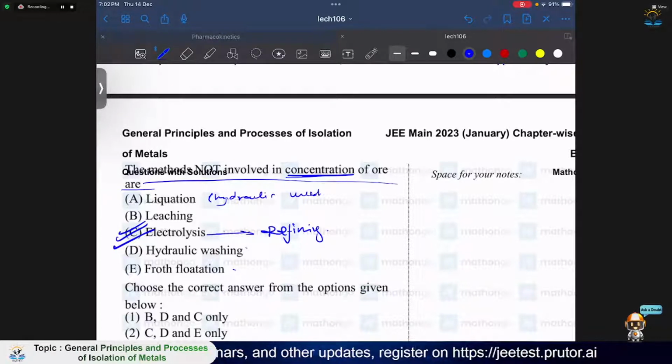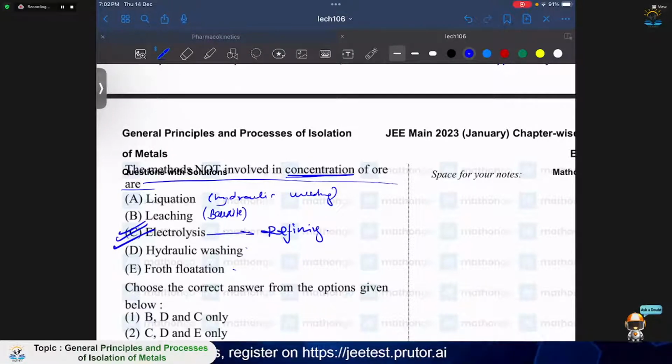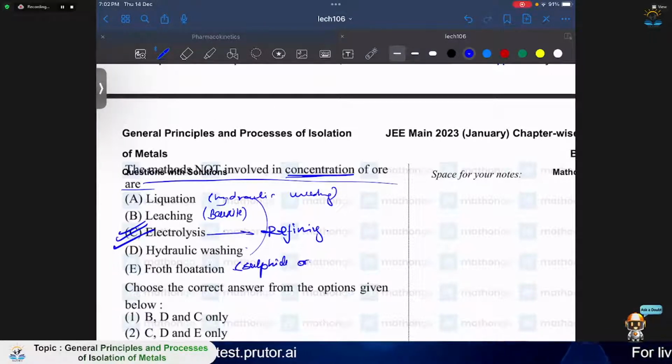Hydraulic washing. Leaching, we have seen in bauxite. Hydraulic washing and liquefaction are both the same. Froth flotation we have seen in sulfide ores. One more method of concentration was magnetic separation.